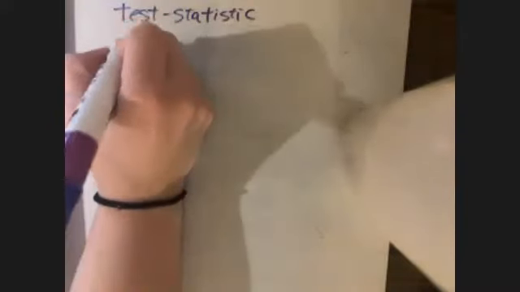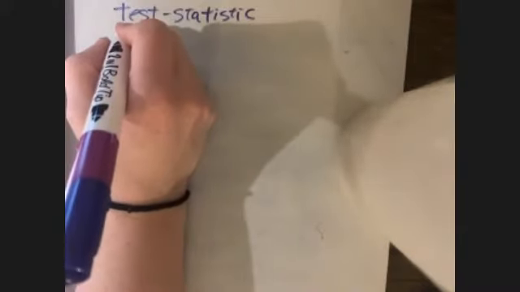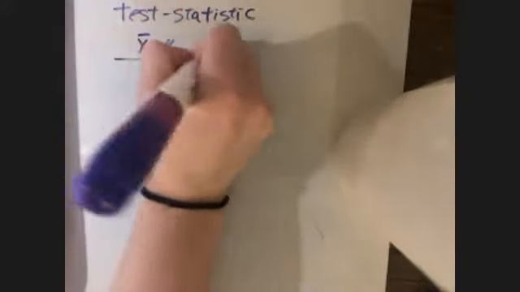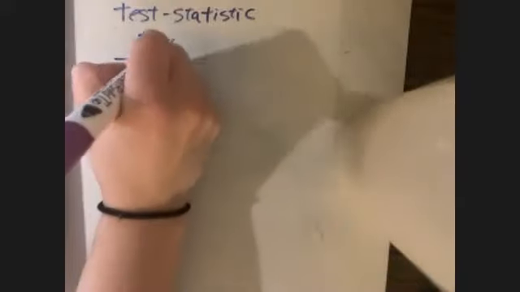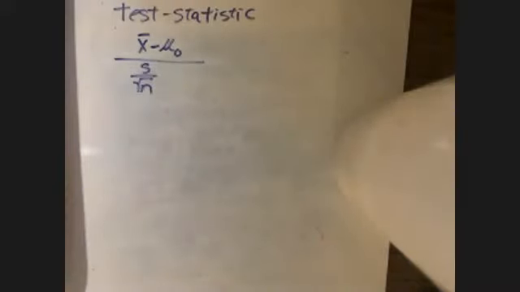So for section 9.3, the test statistic formula is going to be x bar minus mu sub 0 over s over the square root of n. So this is how we're going to find our test statistic.